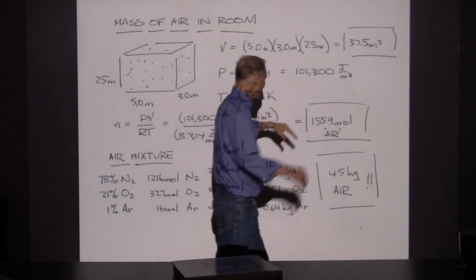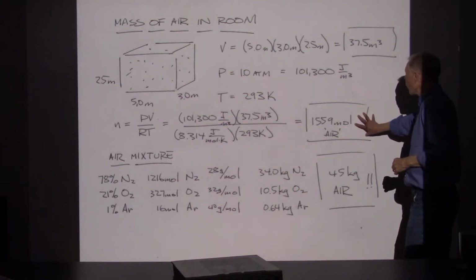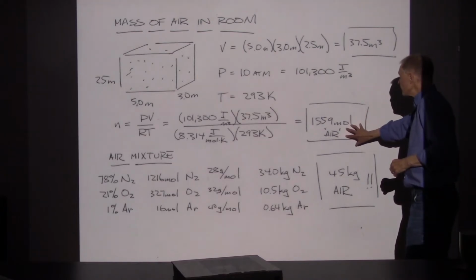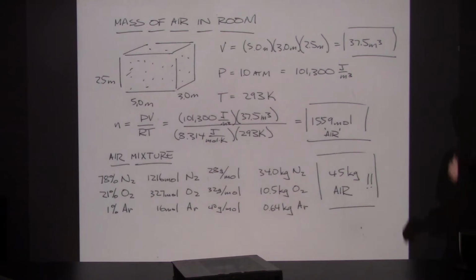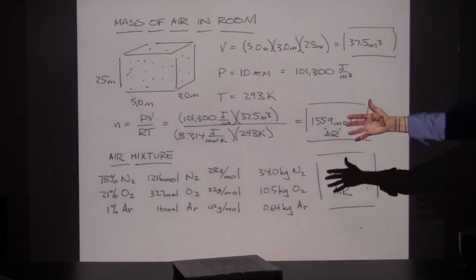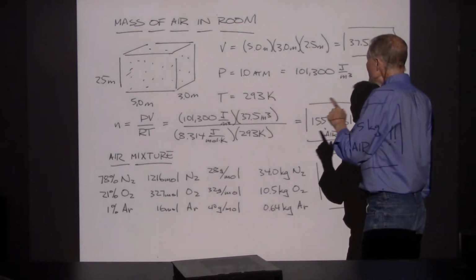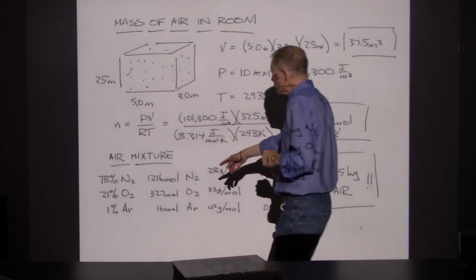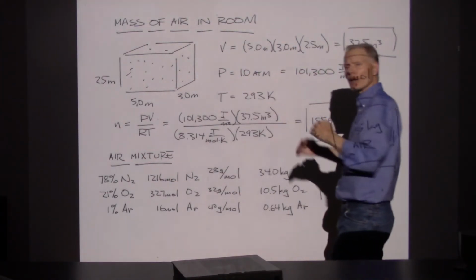What I've found is that in this part of the room, there are 1,559 moles of air. Now, if I multiply that by Avogadro's number, I will know how many molecules of air I have in this part of the room. Now, you might be saying, but wait a minute, you never took into account that the air molecules are made up of different compounds.